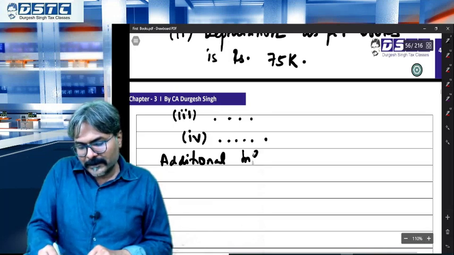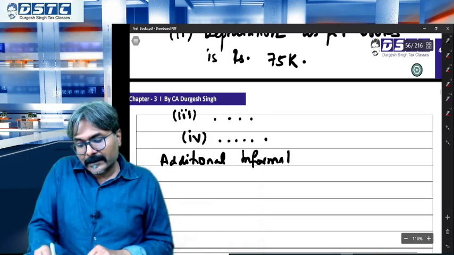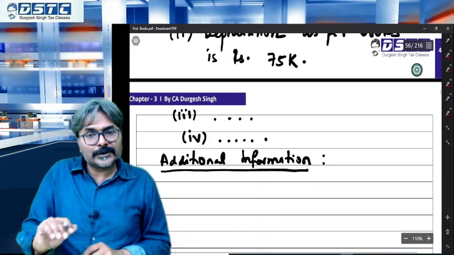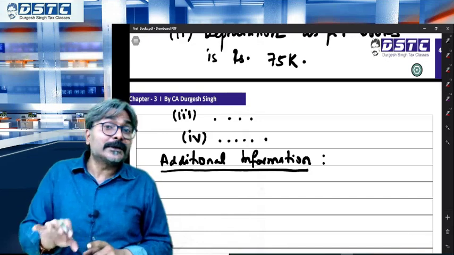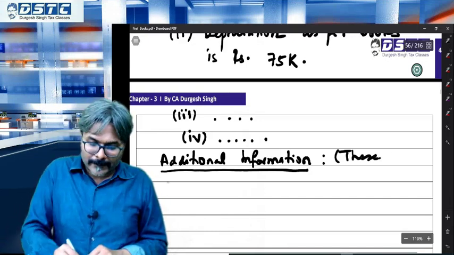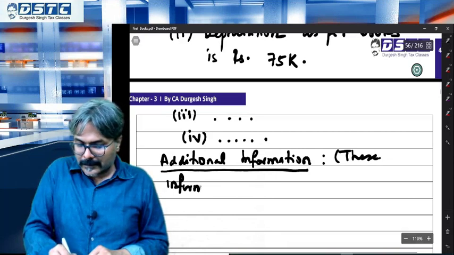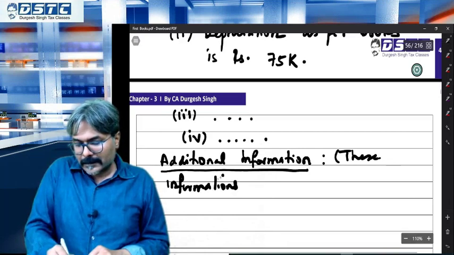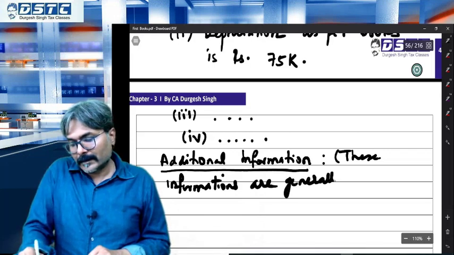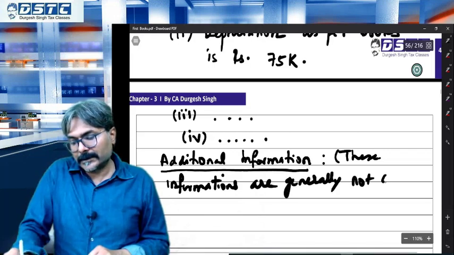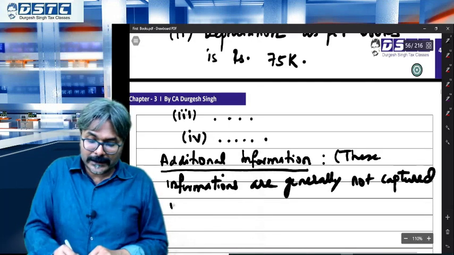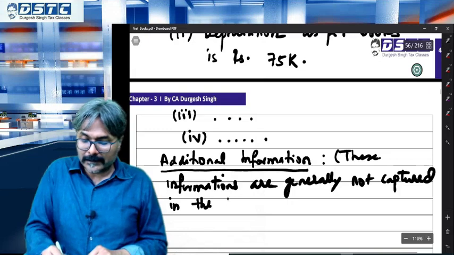So additional information means what? These information are generally not captured, generally, in the P&L.